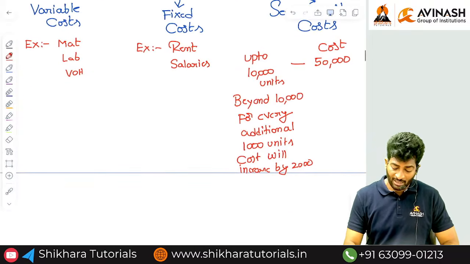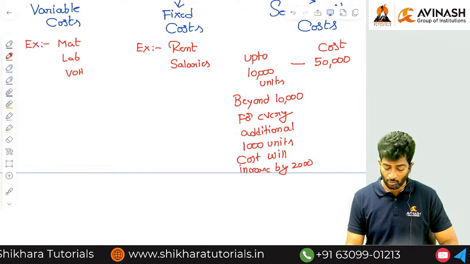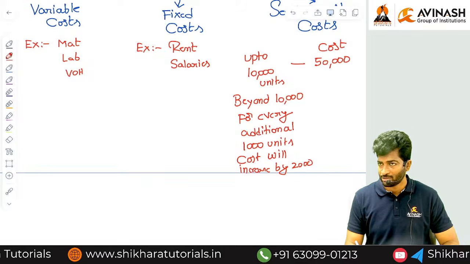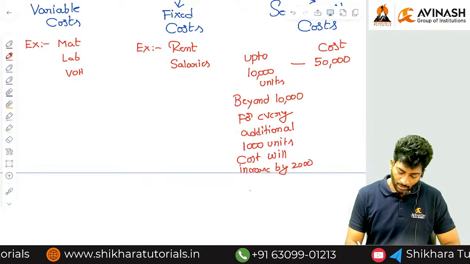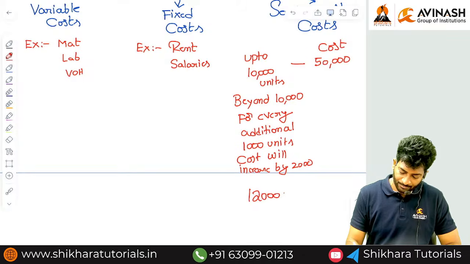The point is very clear. Beyond 10,000 units, for every additional 1,000 units of increase, cost will increase by 2,000 rupees.